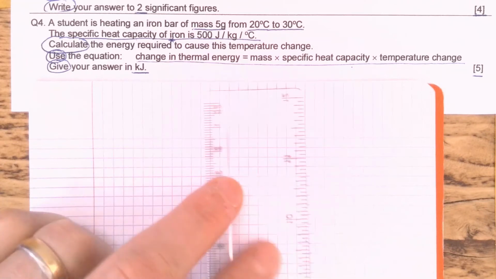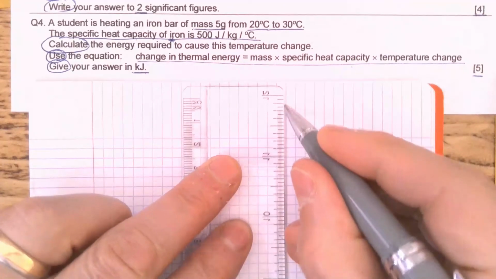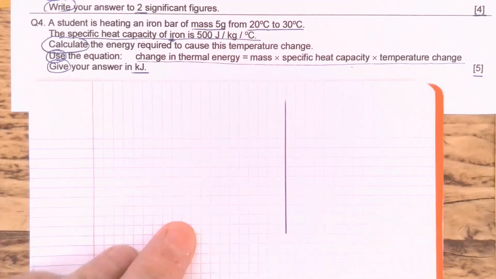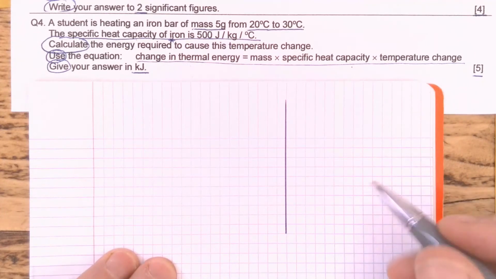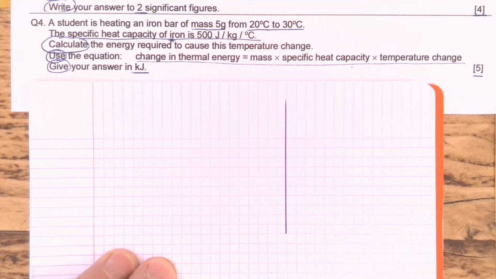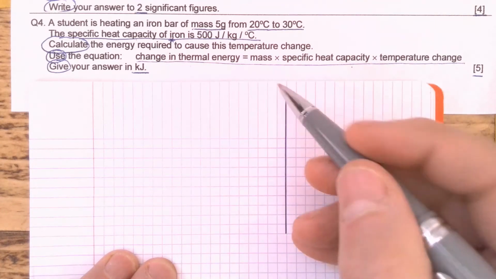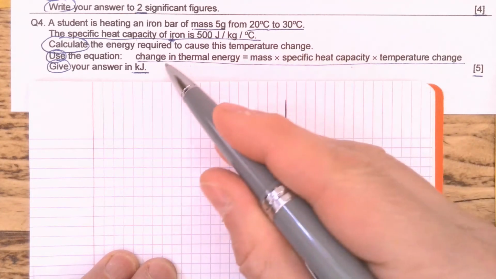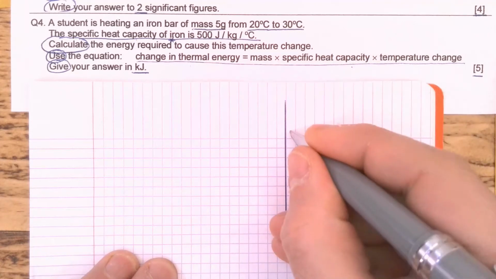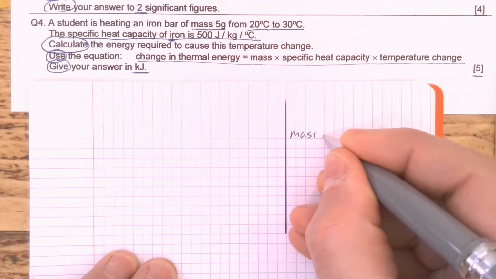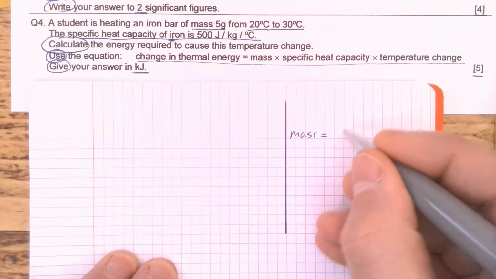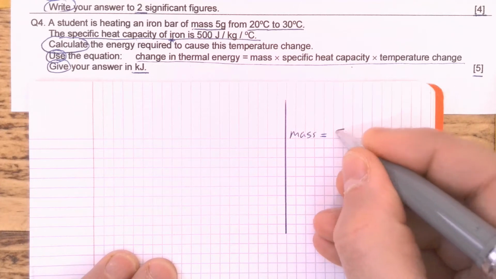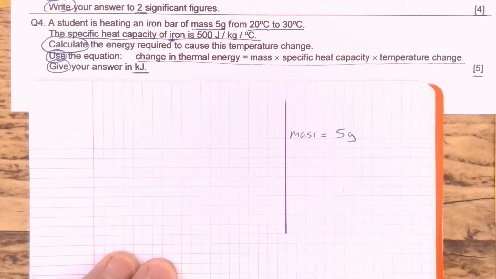So first thing I'm going to do is draw a line down here. I've starred what I'm trying to find and underlined key points. Now I'm going to rewrite the values I need, looking at the formula. Mass equals 5 grams. Straight away, alarm bells.